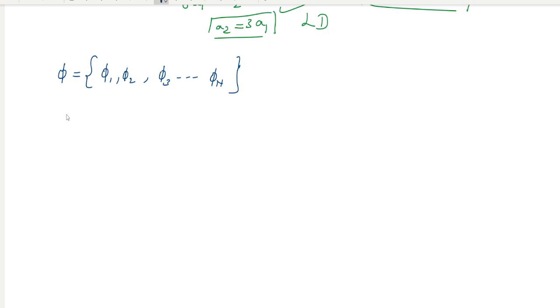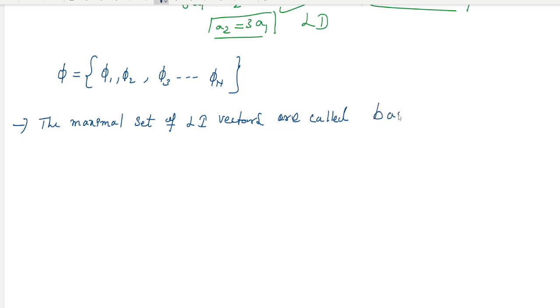The maximal set of linearly independent vectors are called the basis of the vector space. This is the basis meaning.